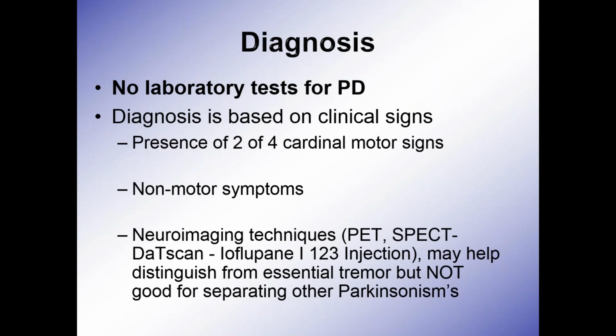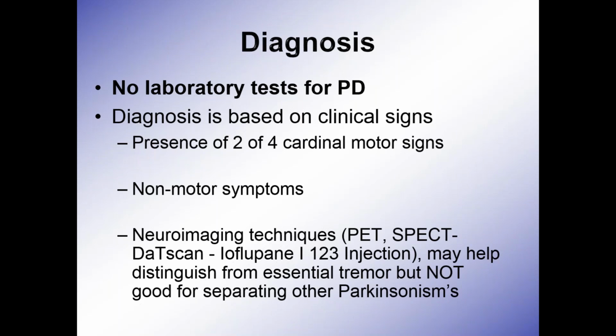Since we don't have laboratory tests for the most part that can diagnose Parkinson's, we depend upon our clinicians, our neurologists, and we often recommend that if you suspect that you have Parkinson's or you're dealing with Parkinson's, that you see a movement disorders specialized neurologist. A neurologist will evaluate the presence of 2 of the 4 cardinal motor signs that we described before.